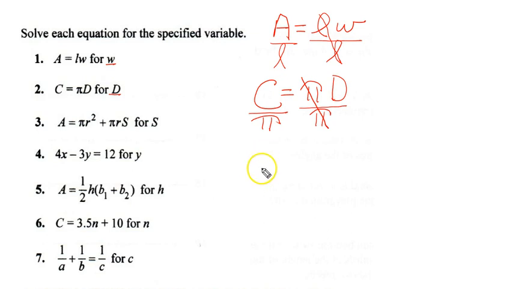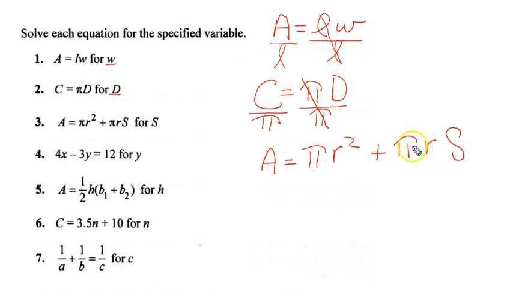Now in the next one, we're going to solve for area of a circle, which is pi r squared. And they want us to solve, well, let's see, there's something else there too, plus pi r s.